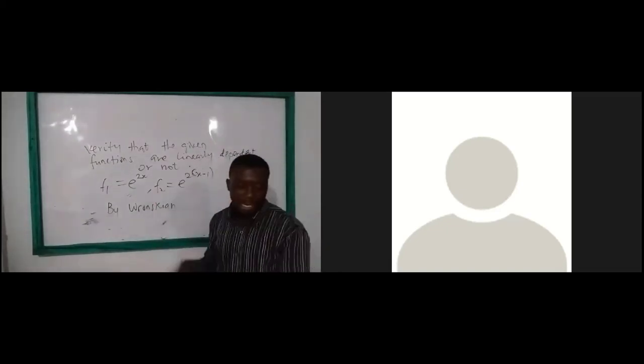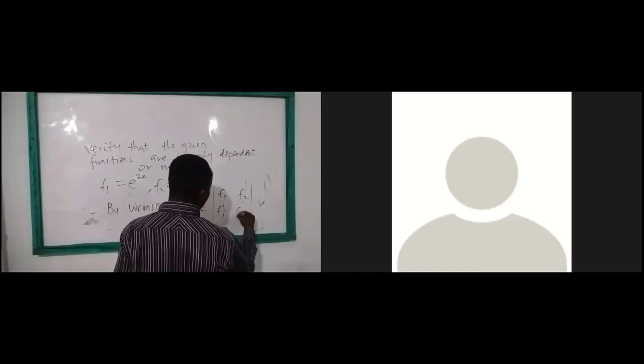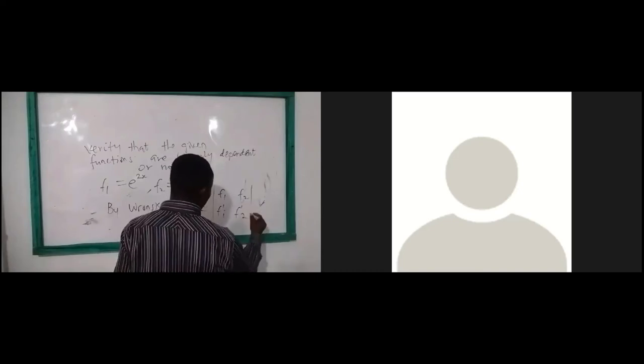We are using the Wronskian method to identify whether the set of functions given is linearly dependent or not. For the Wronskian, all that we are looking at is to find the determinant of the functions. So we have function 1 and then 2. Then these are their derivatives, f1 prime and f2 prime. So that is how we go by the Wronskian method.